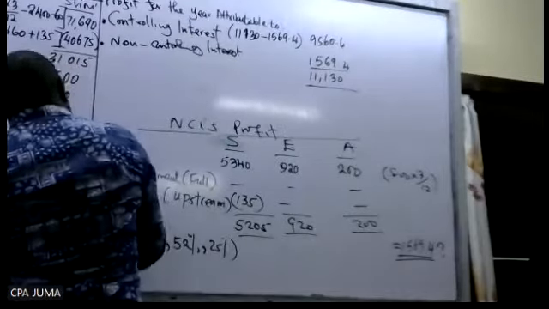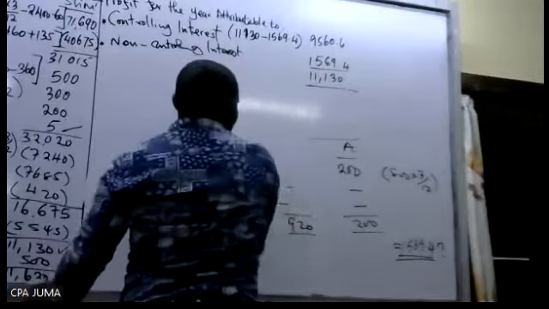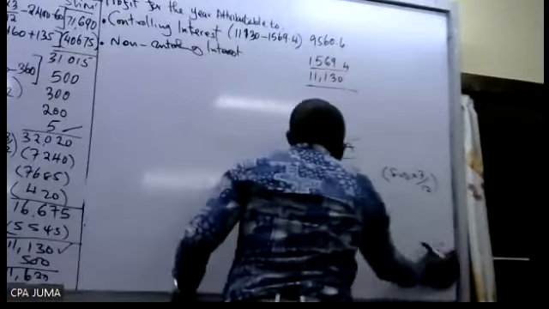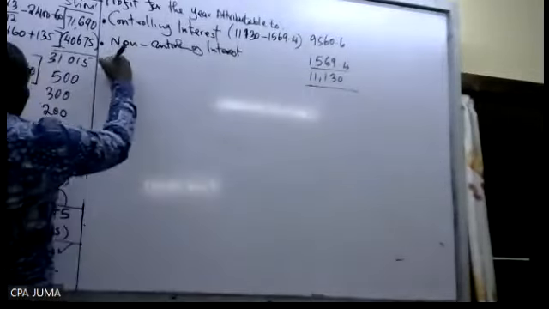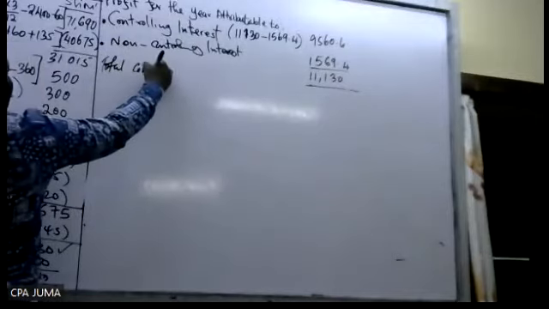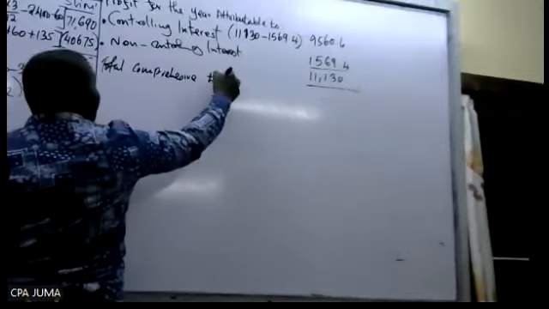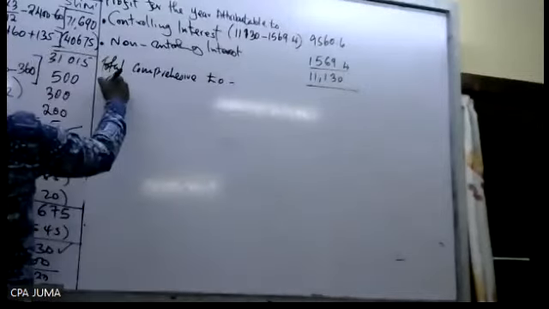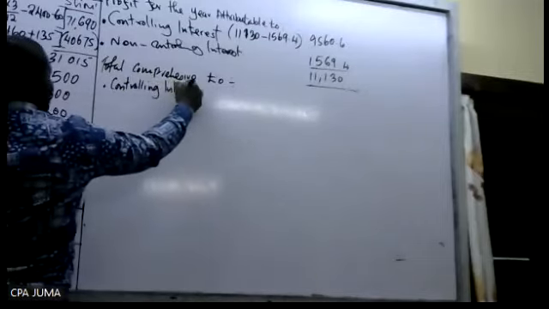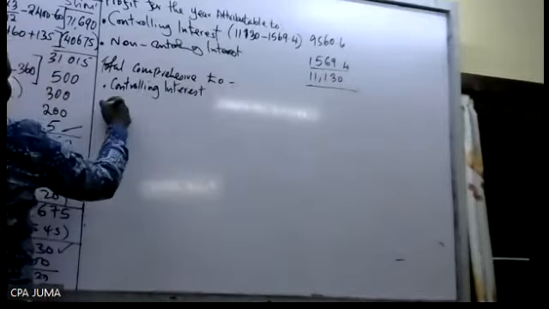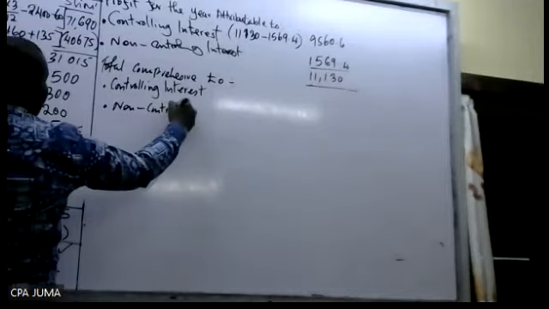Then you know what next? What comes next? Total comprehensive. So total comprehensive, to controlling interest, then non-controlling interest.